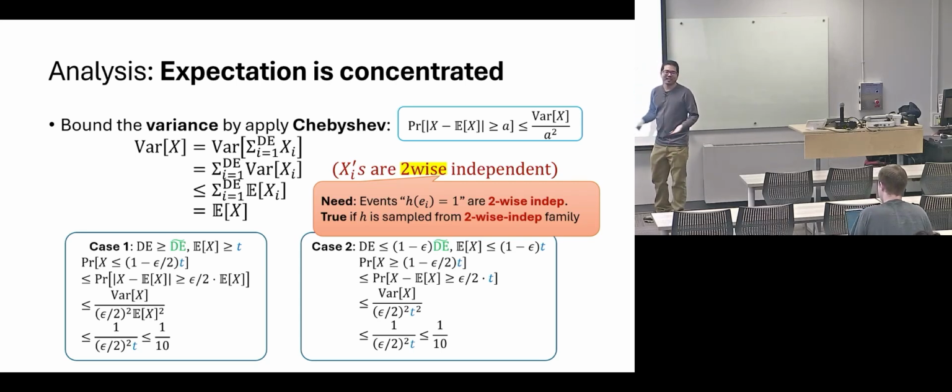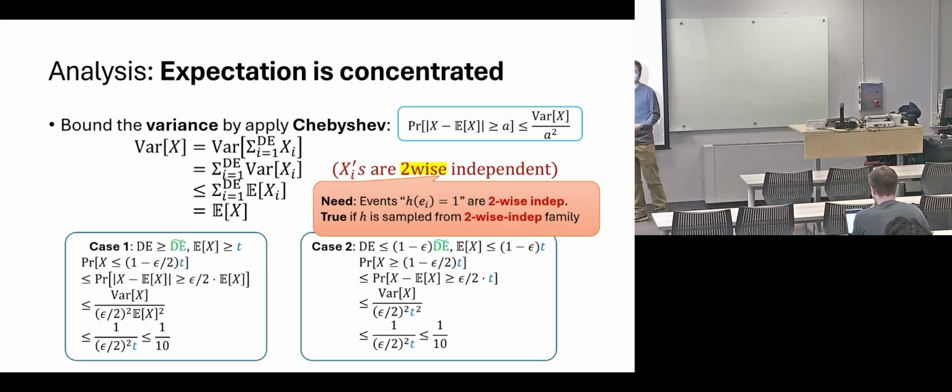This would be true if we sample our hash function from a pairwise independent family. So this is all the property that we need from our hash family.